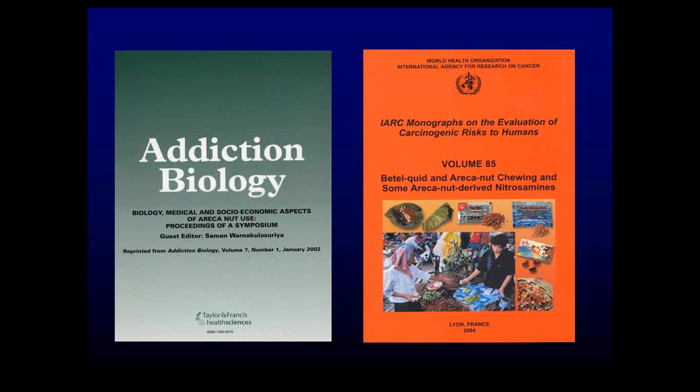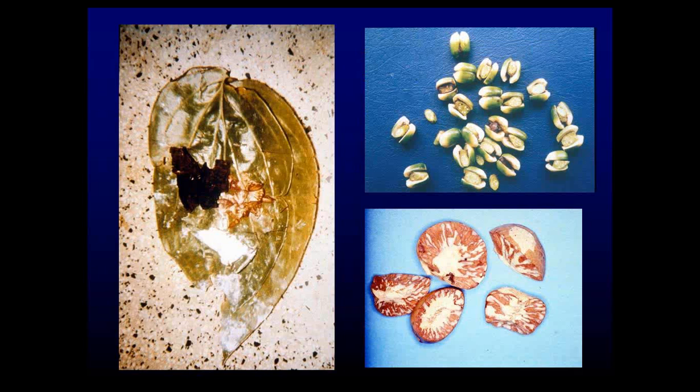The International Agency for Research on Cancer, which is an international authority which confirms whether an agent is carcinogenic or not, established a few years back that betel quid or areca nut is carcinogenic and causes oral cancer. And again, this is consumed in different forms.